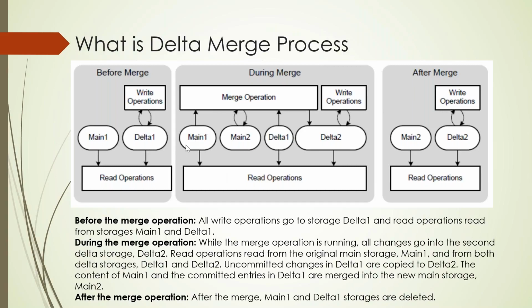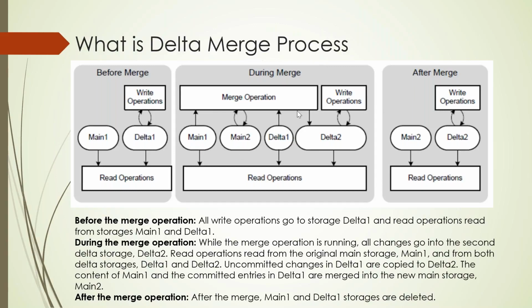Because the data of main one is there in main two, and the committed transaction data of delta one is copied into main two, and the uncommitted data is transferred to delta two. So to avoid duplication of the data, after the merge process it deletes main one and delta one. This is what we call garbage cleanup.